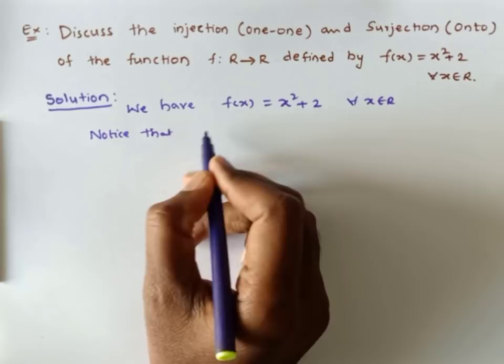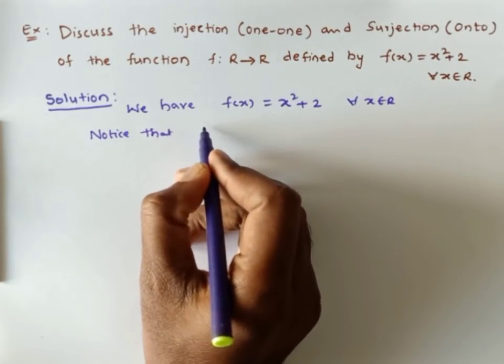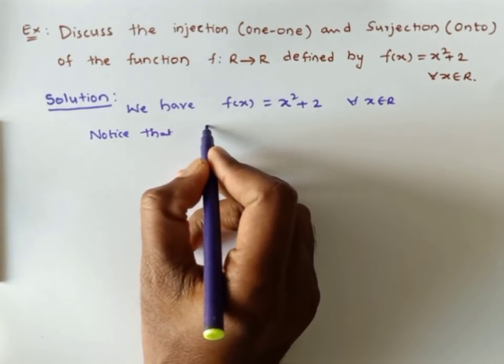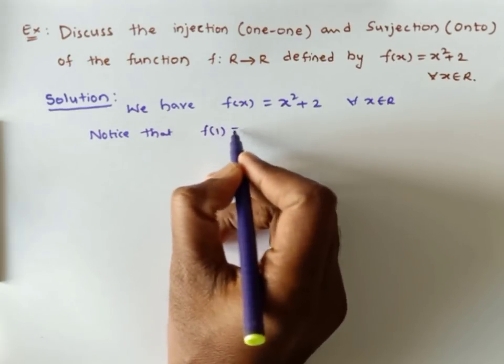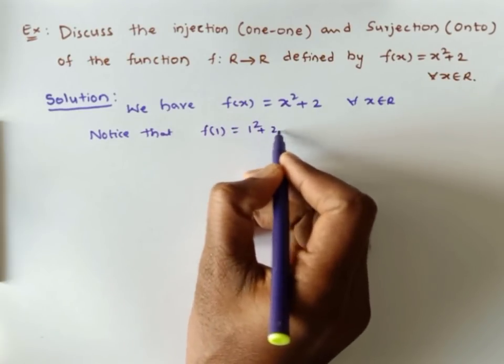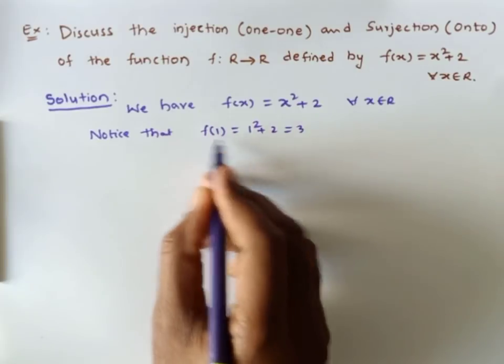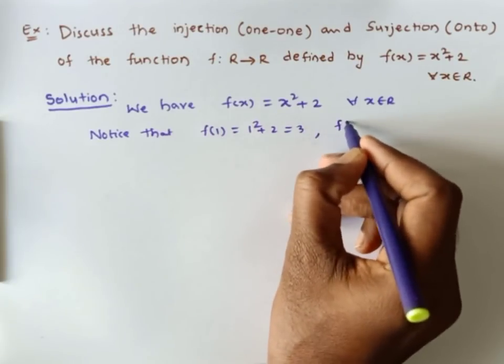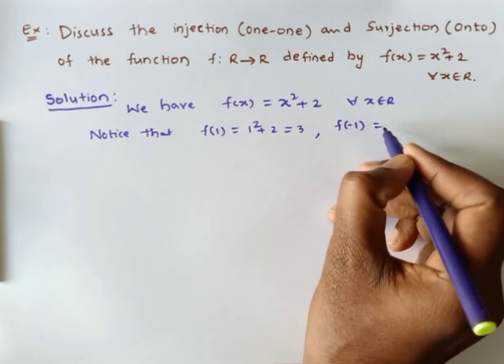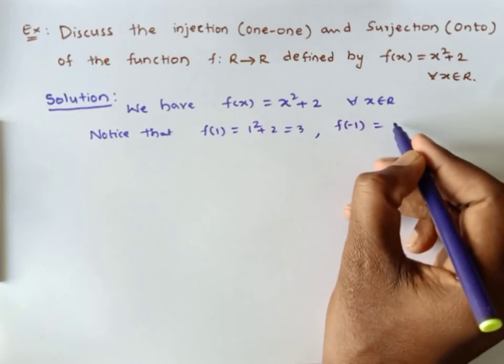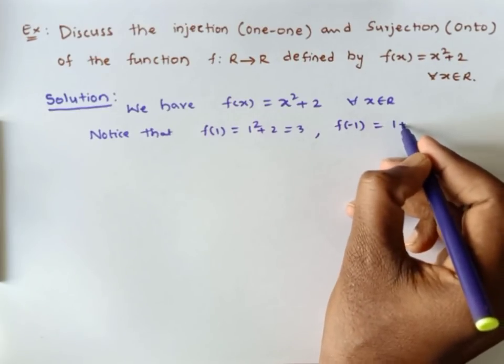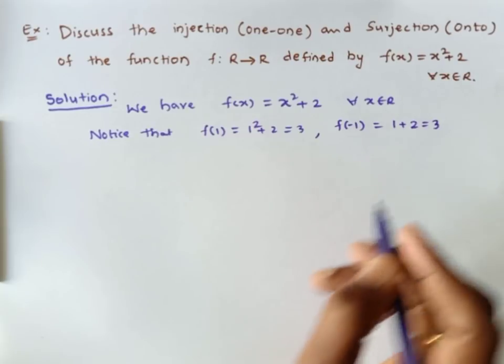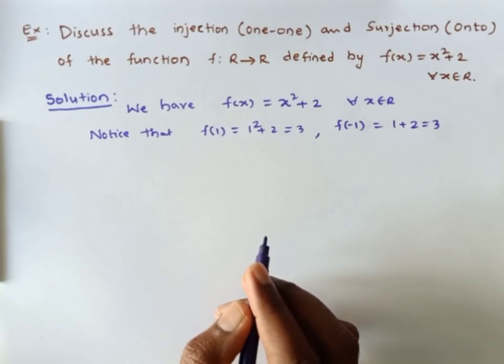If we take a positive and a negative value, let us consider 1 and minus 1. The image of 1 is 1 square plus 2, that is 3. F of 1 is 3. And f of minus 1 is minus 1 square, which is again 1, plus 2, that is 3.